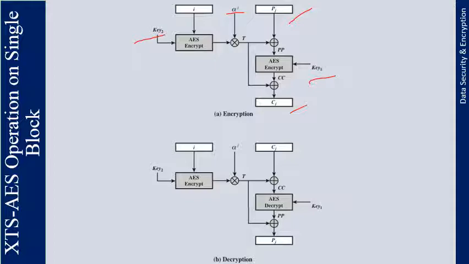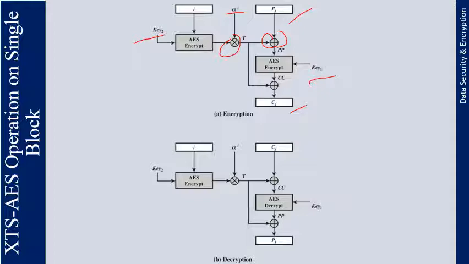And there is the bitwise exclusive OR operator, which is similar to the simple exclusive OR operator discussed earlier, and there is a modular multiplication of two polynomials with binary coefficients modulo x raised to the power 128.